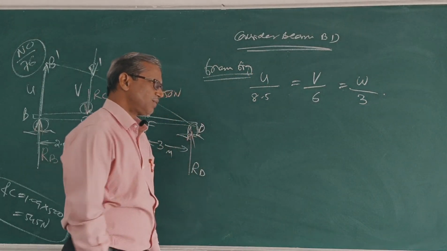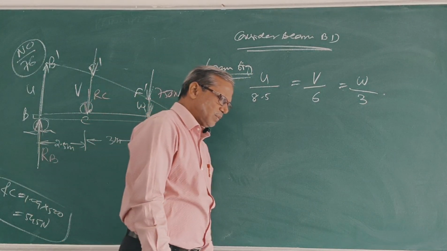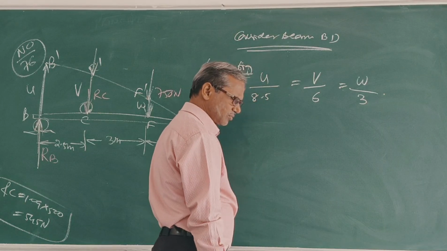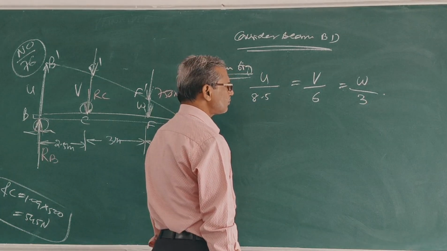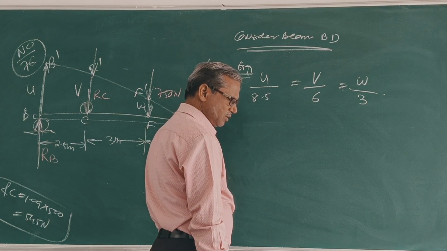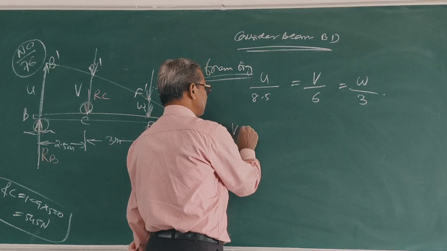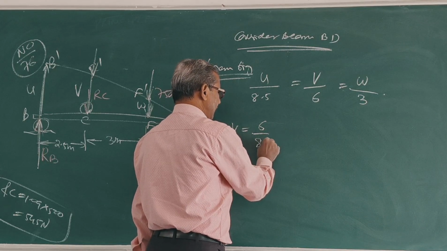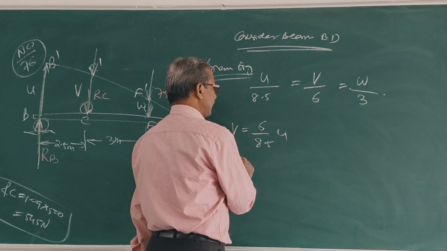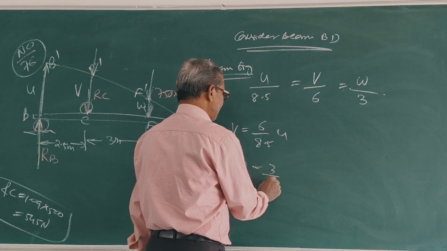Clear? V is equal to 6 by 8.5 U. W is equal to 3 by 8.5 U.